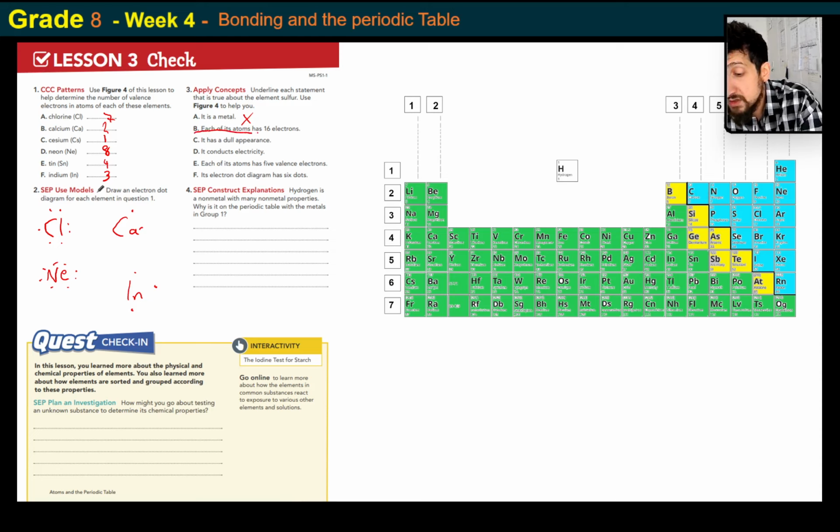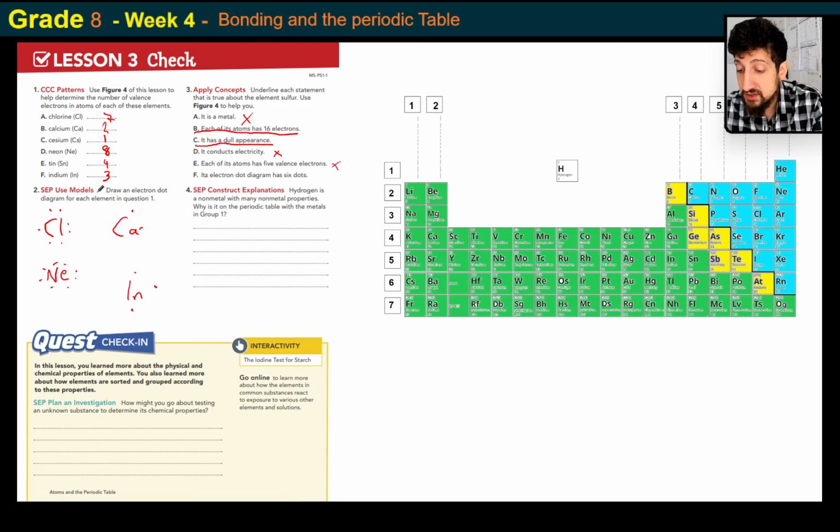I'm going to underline this one because it says underline, doesn't say tick. It has a dull appearance. It sure does because it's a nonmetal, and nonmetals by definition have a dull appearance. Conducts electricity? No. Each of its atoms have 5 valence electrons? No, they have 6 valence electrons. Don't they? Yeah, because it's in group 6.